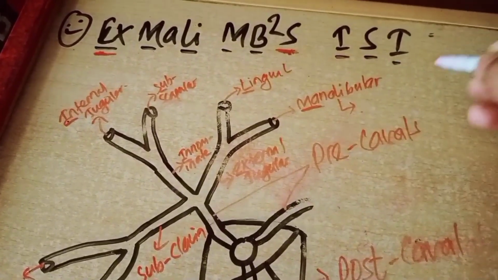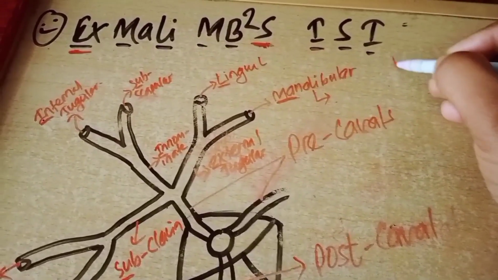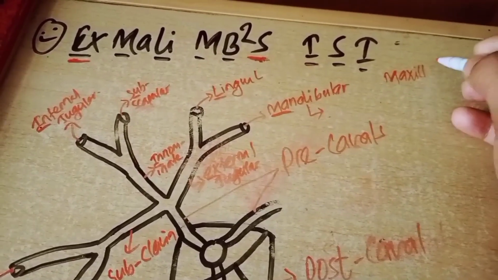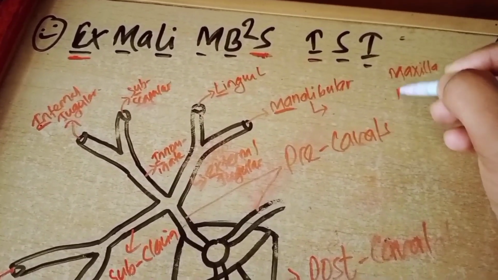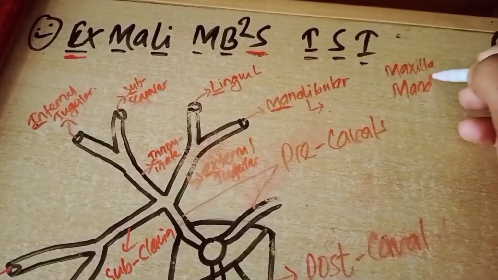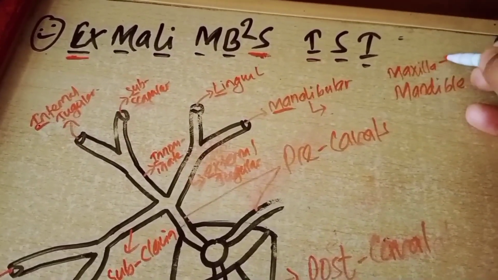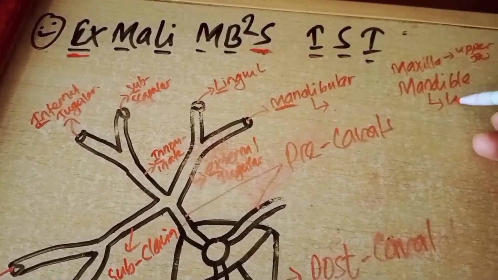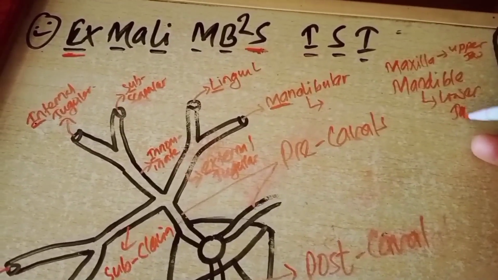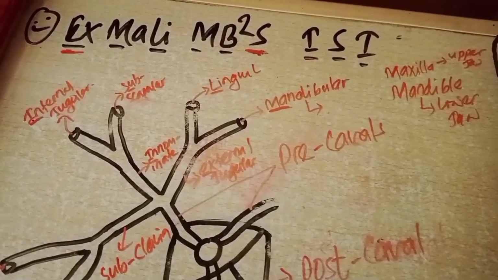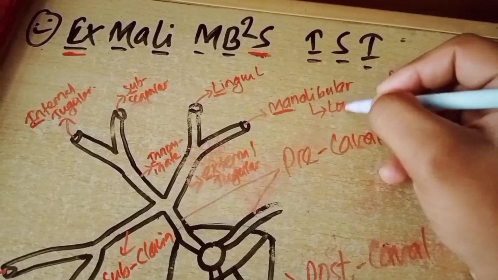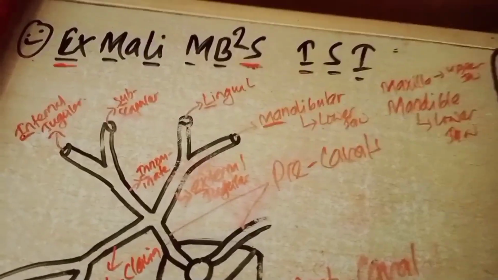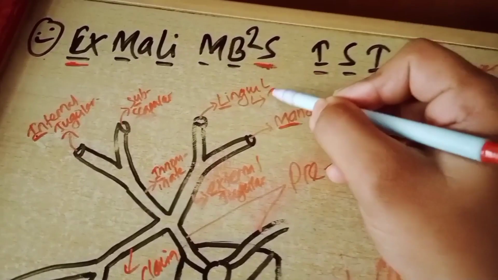We know we have two jaws: maxilla, the upper jaw, and mandible, the lower jaw. And lingual means tongue, so it collects blood from the tongue.